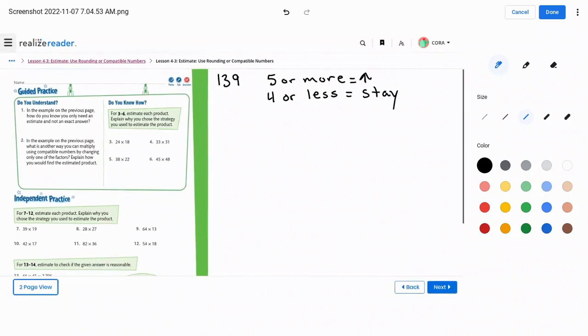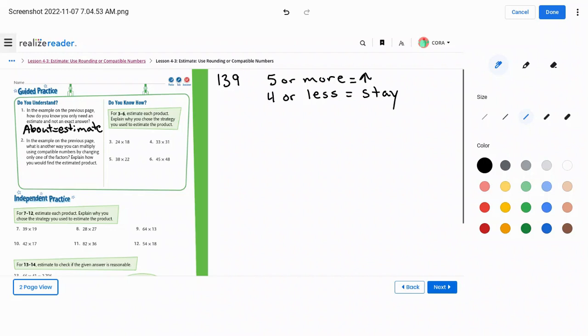So anytime you see about in a word problem, it usually means you need to estimate. Okay, so again, if it ever says about, then you're going to want to estimate.